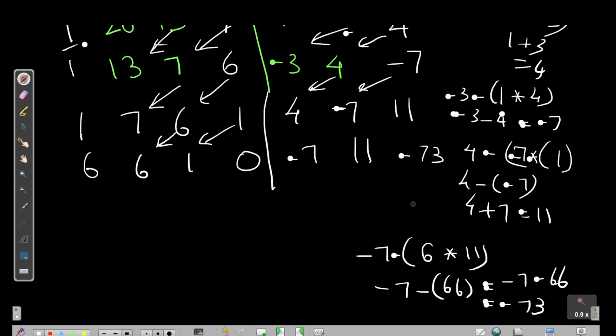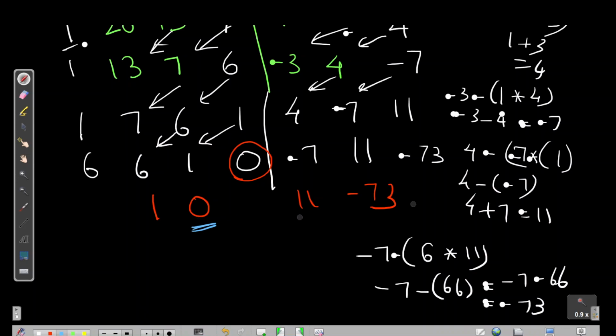Now I need to stop here. I cannot continue because the remainder becomes 0. If we even write the next step, here 1, here 0, here 11, here minus 73. At this stage, when the denominator is 0, we cannot continue further.